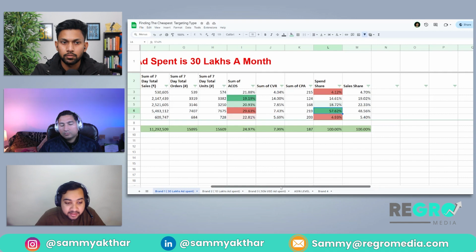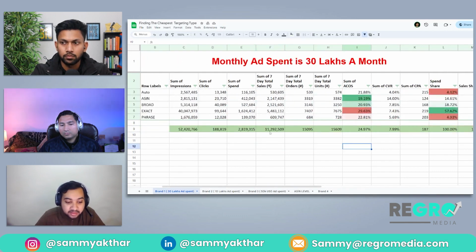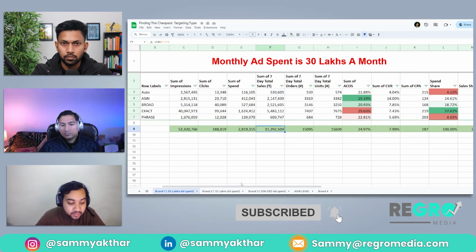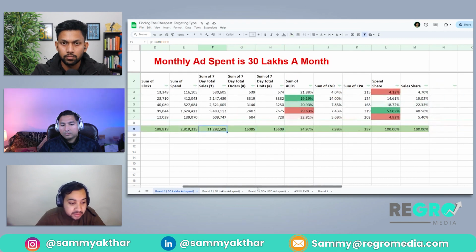The average ACOS of this brand is around 25%, right? It's not bad, but considering the sales volume of this brand, and it's just the PPC sales, just the ad sales, we're not talking about organic sales right now, we're just analyzing the match types.